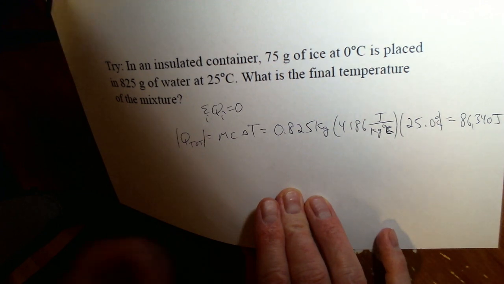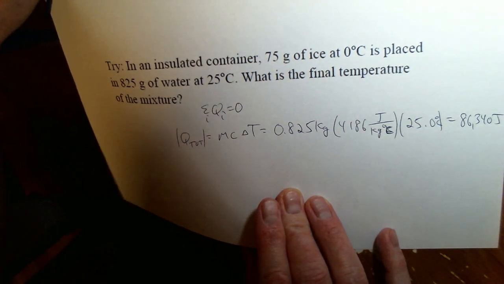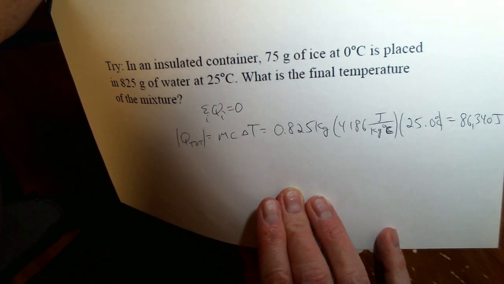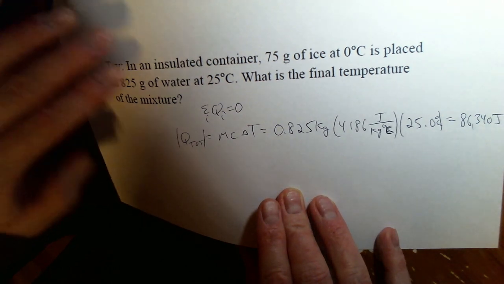Now, if I figure out the amount of energy required to melt all of the ice, I will need the latent heat of fusion for water, which is 333,000 joules per kilogram. And so I figured that out.